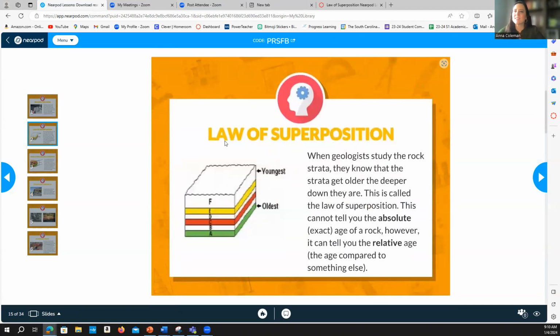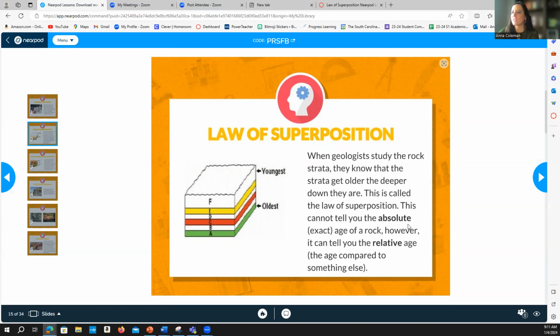So this is the law of superposition. So what do the positions of the rocks tell us? When geologists study the rock strata, they know that the strata gets older the deeper it goes. So this is called the law of superposition. This cannot tell us an exact age.